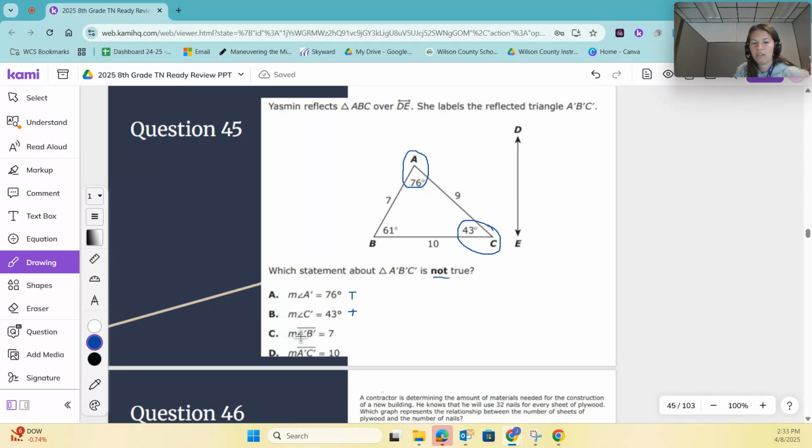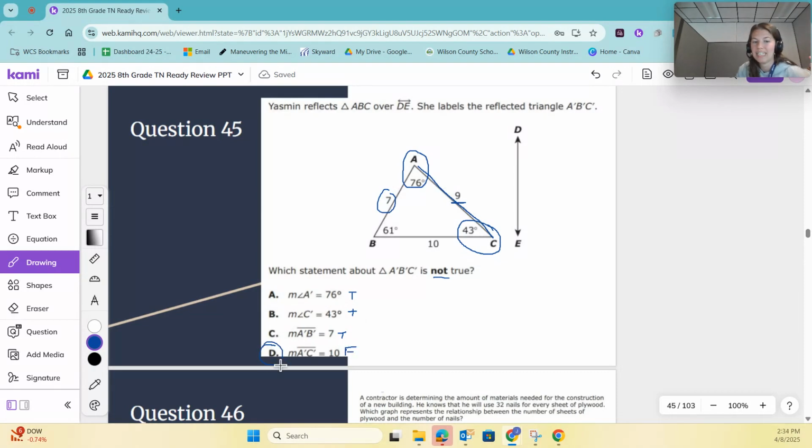Okay. The measure of line A prime, B prime. So the line on top means the line between A and B is 7. Well, when it's reflected, it stays exactly the same. So that would also then be true. The measure of line AC, that's this guy here, A prime, C prime, should be the same as AC, which would be 9. And that is false.